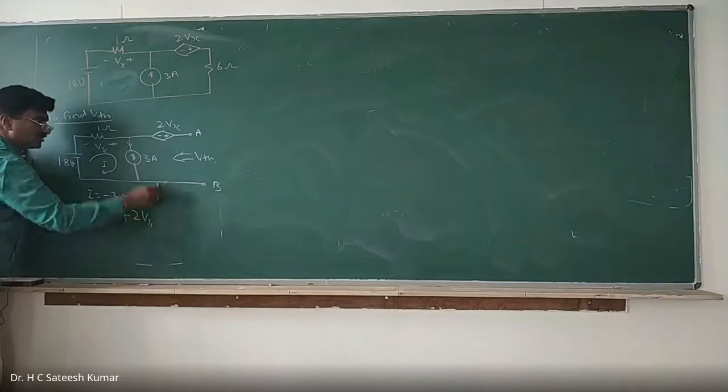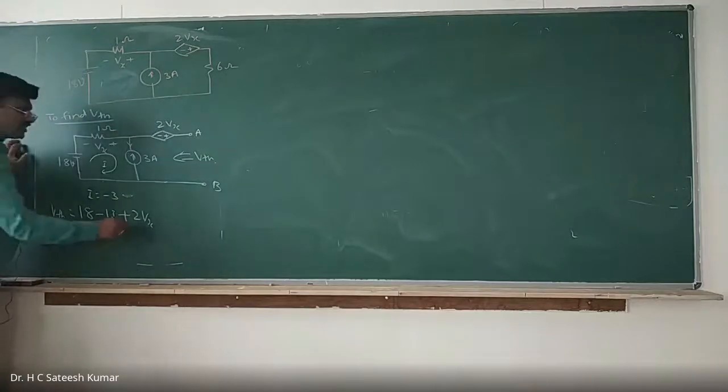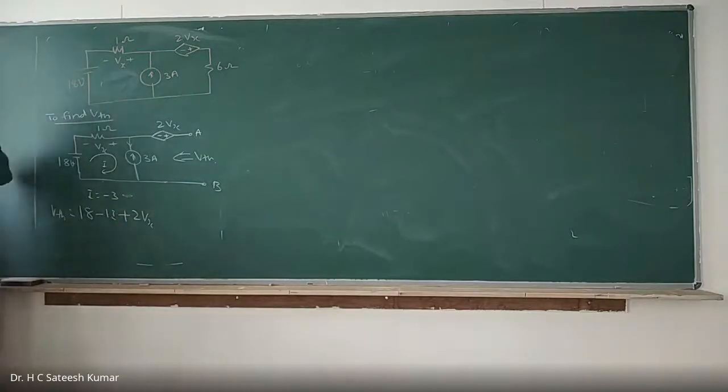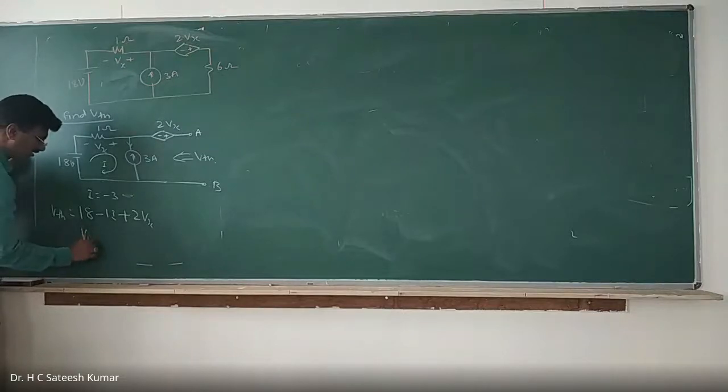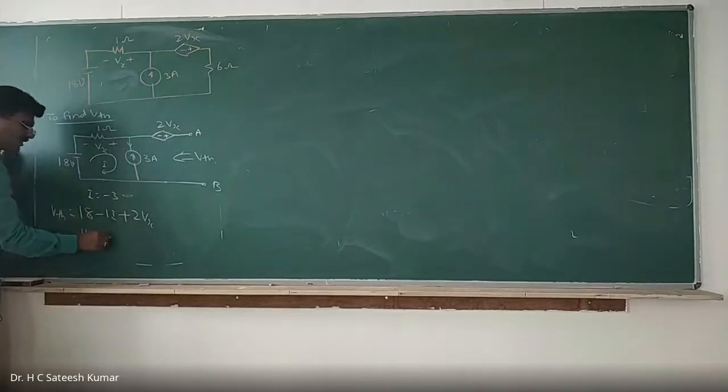You'll have to consider this one. This is a voltage source, so minus to plus is 2 Vx. Now what is Vx? Vx is nothing but this voltage. Current is going from where to where? It should go from higher potential to lower potential, therefore you should have negative.